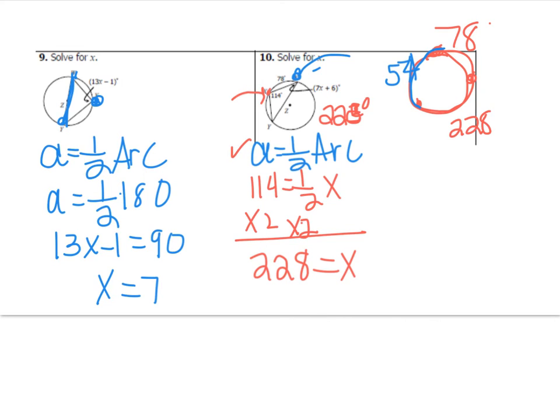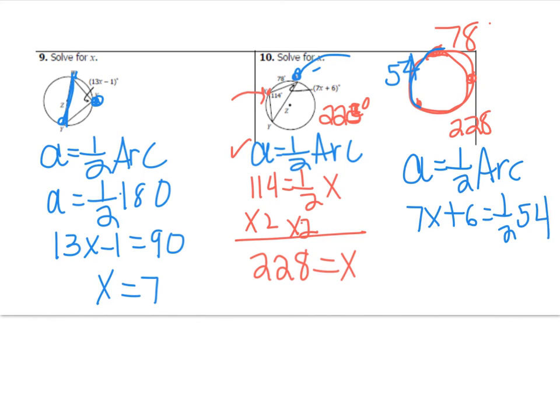So if that arc is 54, we know the angle is equal to half the arc. The angle across from that, 7x plus 6, is equal to half of 54. So 7x plus 6 is equal to 27. We subtract 6 on each side, we get 7x is equal to 21, and x is equal to 3. Whew, that one was quite a bit of work.